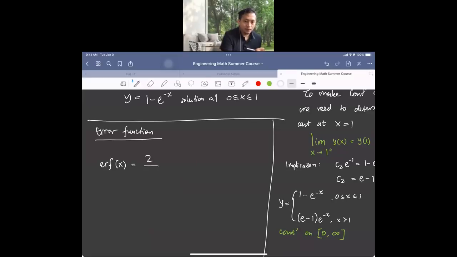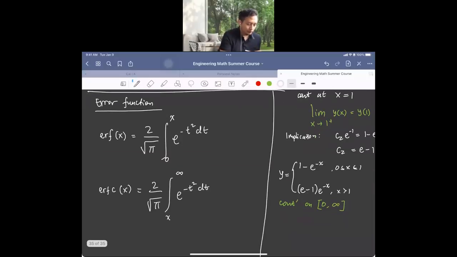This is equal to 2 over square root of pi times the integral from 0 to x of e to the negative t squared dt. And we also have erfc, the complementary error function. It's similar, but the integral is from x to infinity. If we combine these two, if we add them, this is equal to 1.